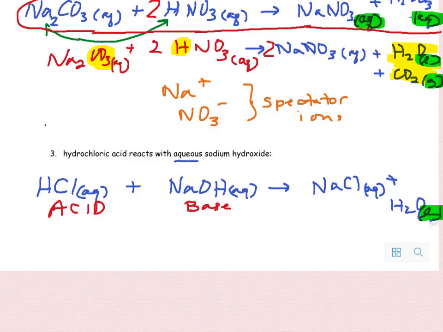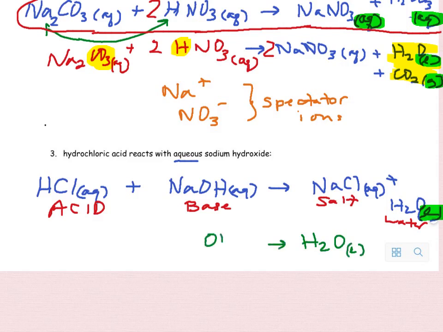You get a salt, which is basically an ionic compound, and you get water. The salt's quite irrelevant in the reaction. The driving force is to make the water, to make it neutralize. So what we could eliminate in terms of spectators is that the water is the driving force and the water is HOH.